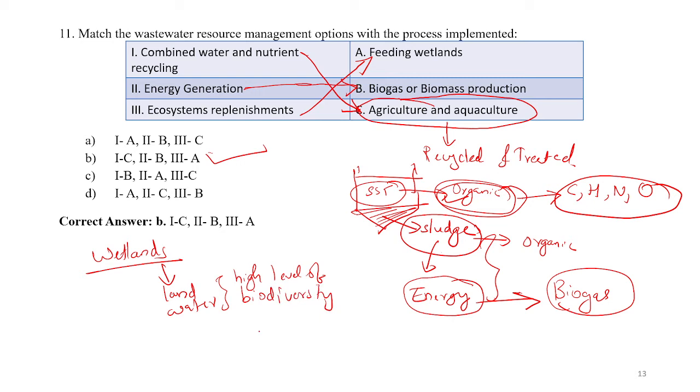You will have a lot of flora and fauna in these wetland systems. There are natural wetlands available all over the country, in many states and many places. It's an interaction space between land and water, where you can find a high level of biodiversity.